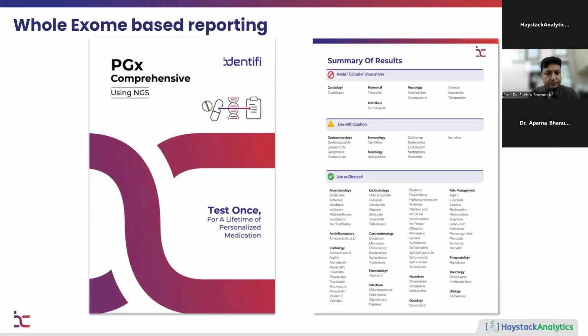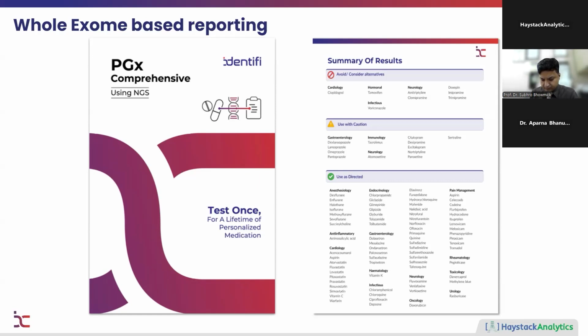Thank you, Dr. Bhowmick. That was a very insightful presentation, brushing across the concepts of pharmacogenomics and giving us some real life cases, very interesting indications of patient experiences that you've had, as well as the utility and benefits of pharmacogenomics.